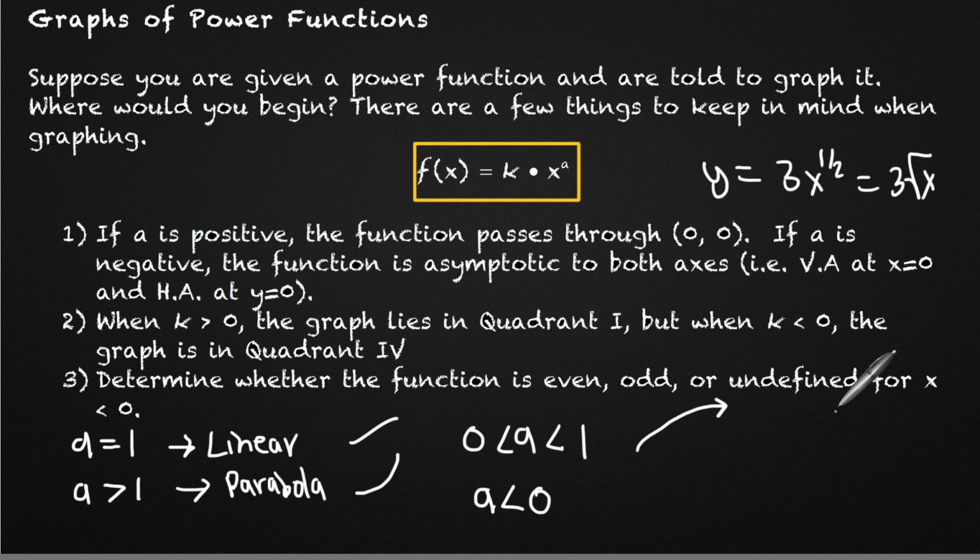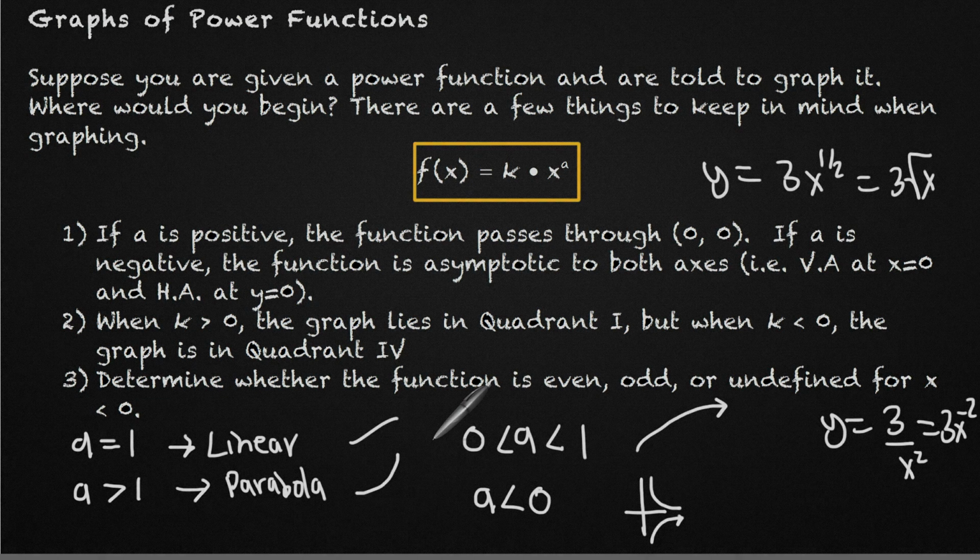Let's say I have y equals 3 over x squared. That's really written 3x to the negative 2. We know that this is a reciprocal function, so it's going to look like either that or that, similar to your reciprocal function. So all four of these are your parent functions that you had to memorize in section 1.3.